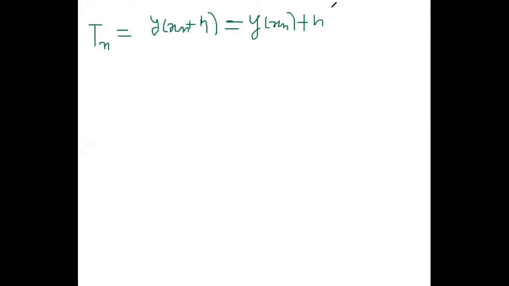So I can write f at xn, comma y at xn. And then I will make a minus sign. Now I am writing this one. So Tn here. Plus higher order terms.